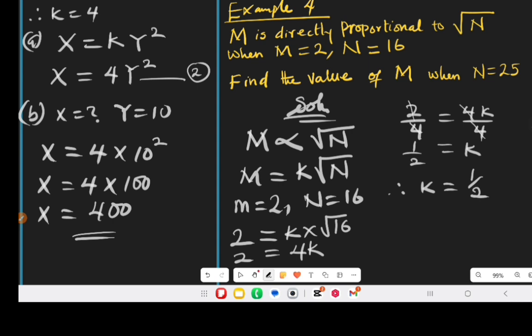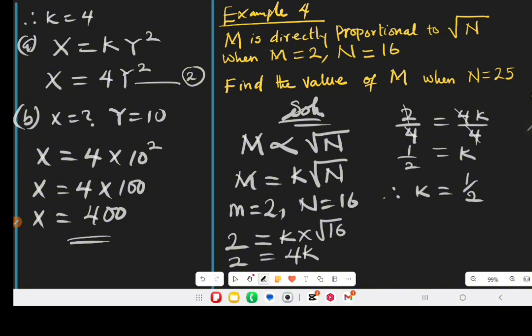Now, we first look for the equation connecting both. The equation connecting m and n is, we copy this equation, m is equal to k root of n. Then we put the value of k, which is 1 over 2, so m is 1 over 2 root of n.